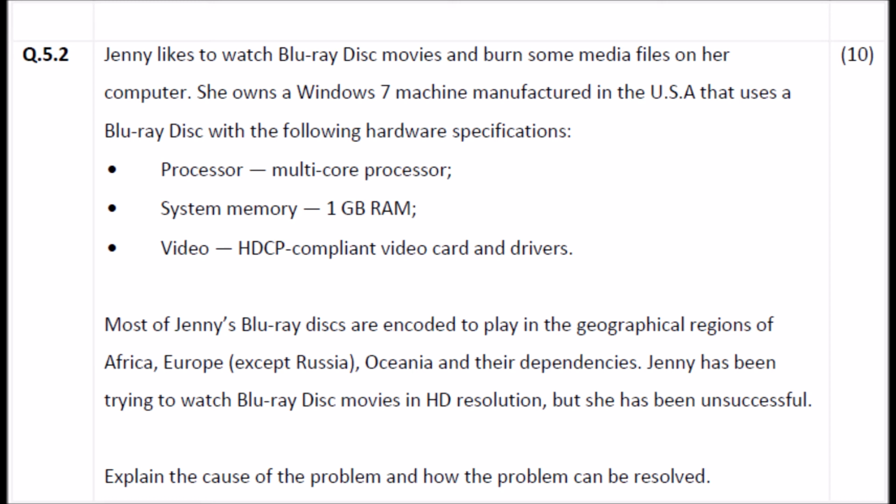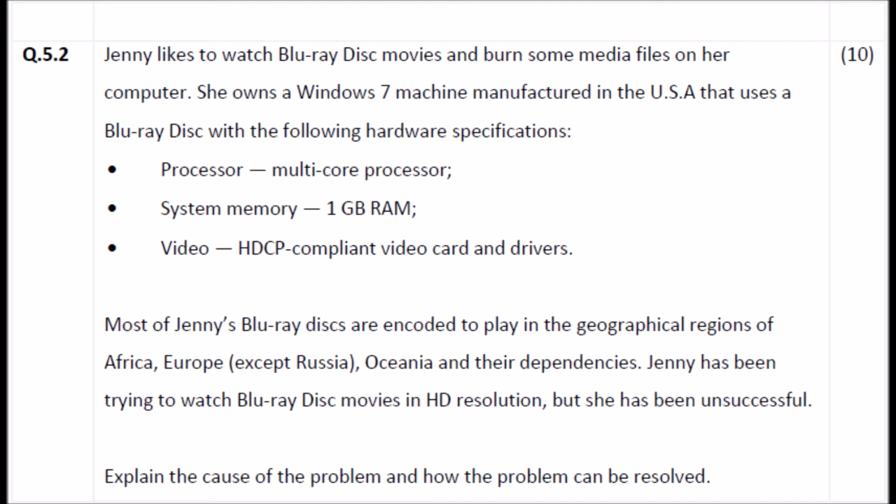Remember, HDCP is your High-bandwidth Digital Content Protection, and that typically is a form of digital copy protection developed by Intel to prevent copying of digital audio and video content as it traverses different connections. So in this particular instance, this individual is having issues with the high definition as far as these Blu-ray discs are concerned.